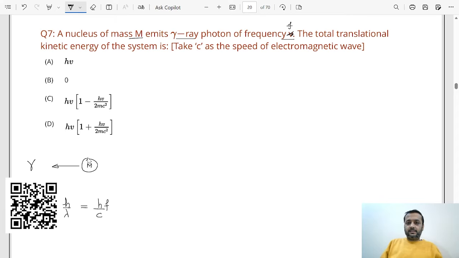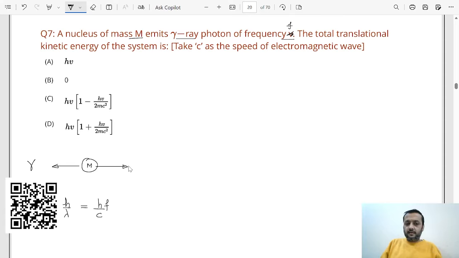Now the nucleus was at rest, so its initial momentum was 0, but the moment it emits a photon towards the left with this momentum, because of the recoil, this nucleus will also start moving towards the right with equal momentum. Because the net momentum of the system needs to be 0, because earlier it was 0.